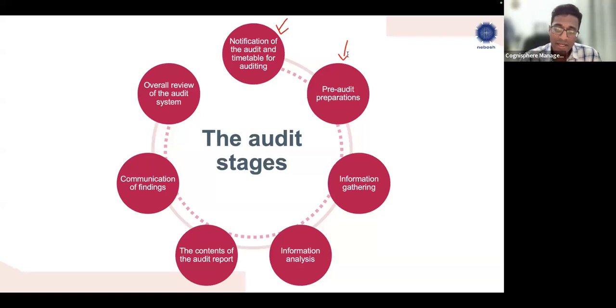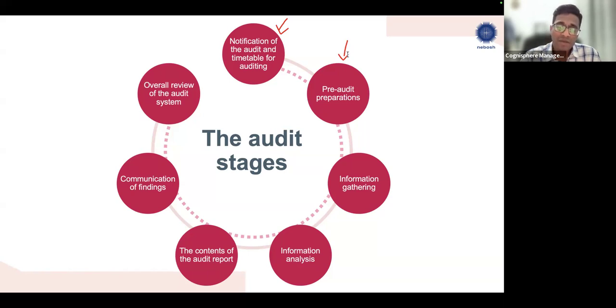Likewise, on day two, if I'm going to do a site audit of the office, the people in charge should be made available for the day two audit. These are all part of the pre-audit preparations.